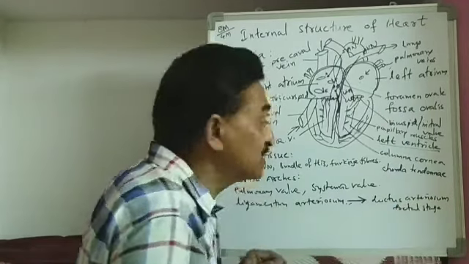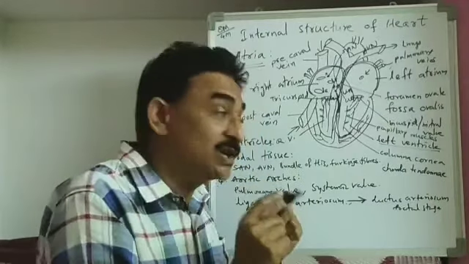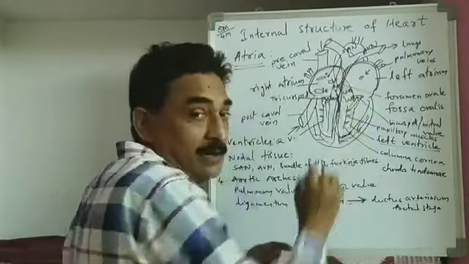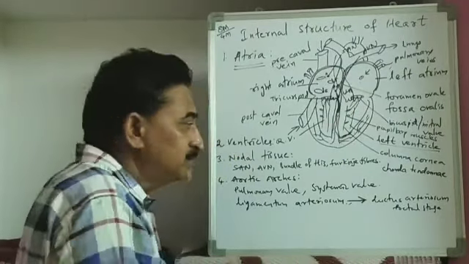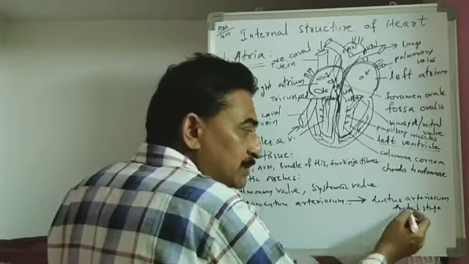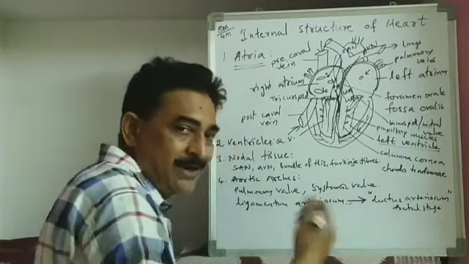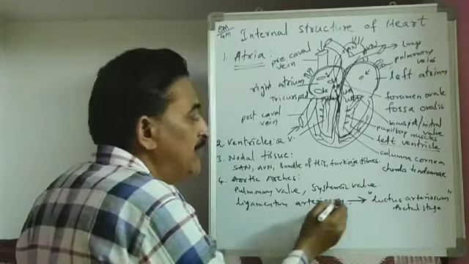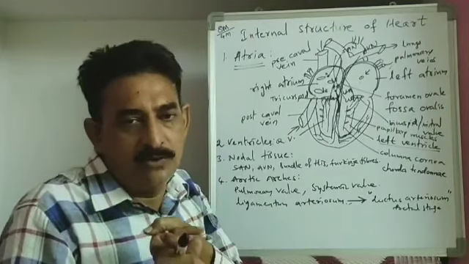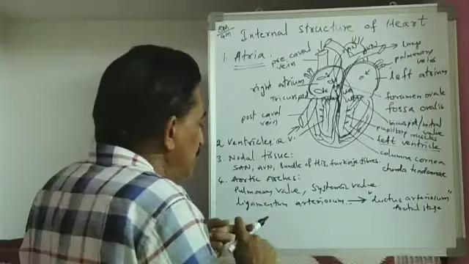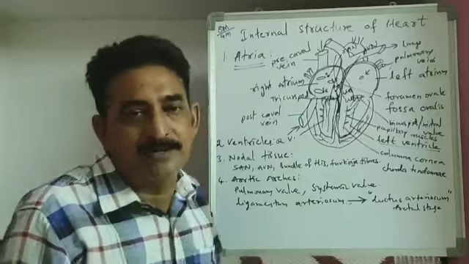That means in the embryonic stage, the ductus arteriosum, a specialized blood vessel, connects the systemic and pulmonary arteries. In adults, this ductus arteriosum is a remnant. It transforms into the ligamentum arteriosum, just a ligament which connects both arches. There is no vessel in adults. So this is about the internal structure of the heart.